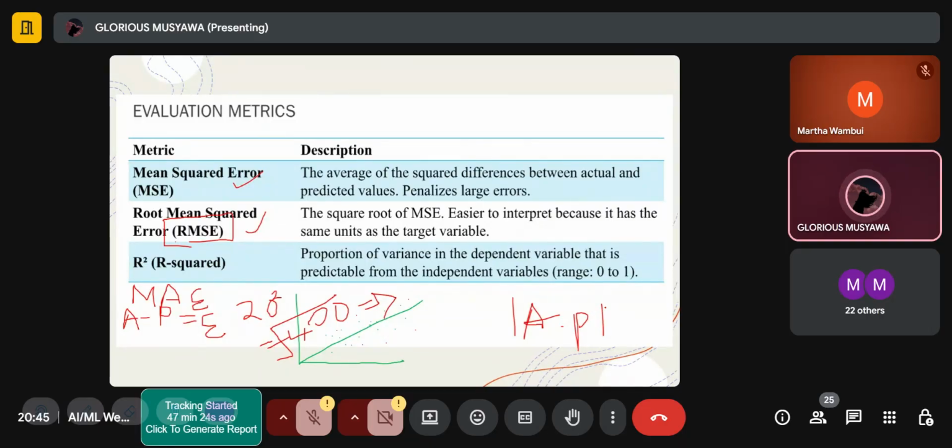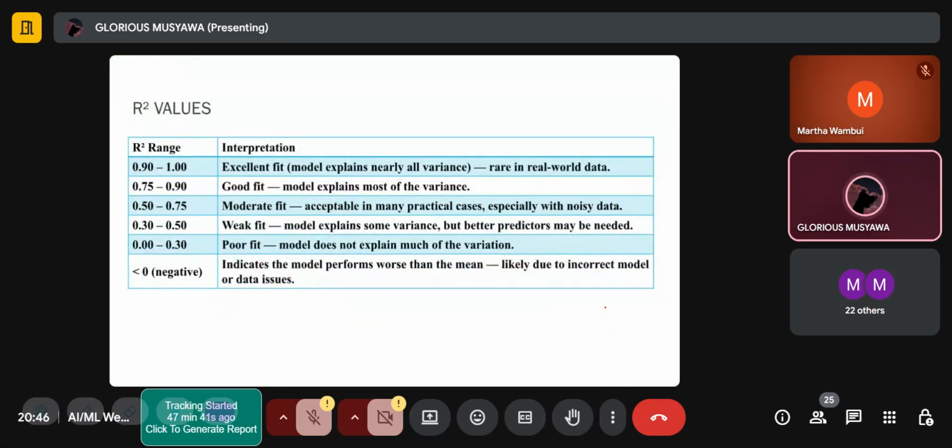Then we have the R squared error. Some call it R score. If you still find it, R score is still the same as R squared. It's the proportion of variance in the dependent variable. This is going to be explained better. R squared tries to see how much of the data the model has captured, or the model is predicting from.